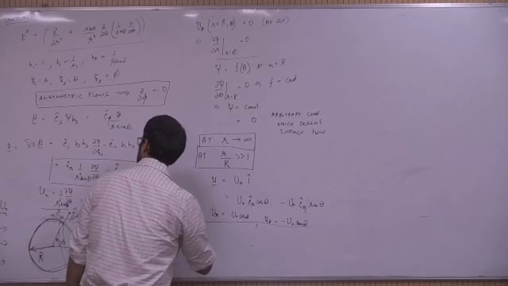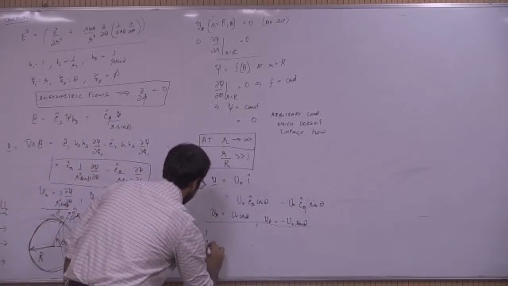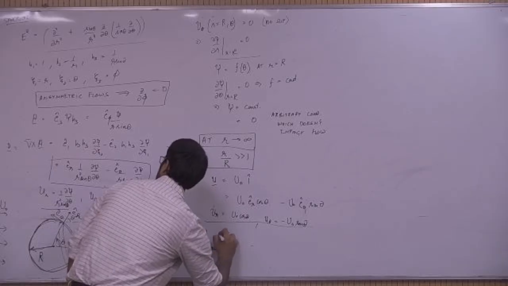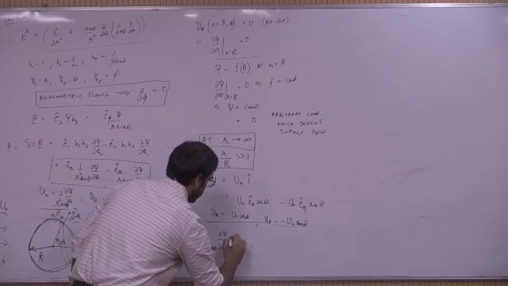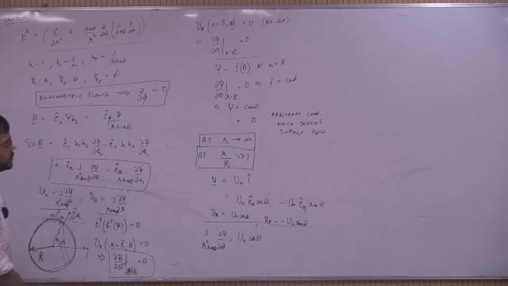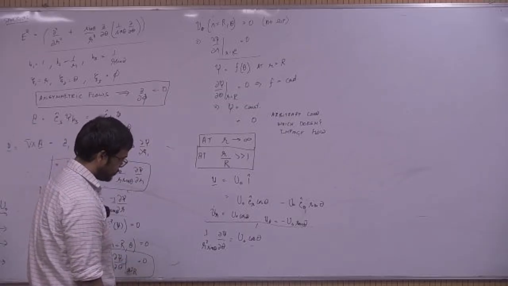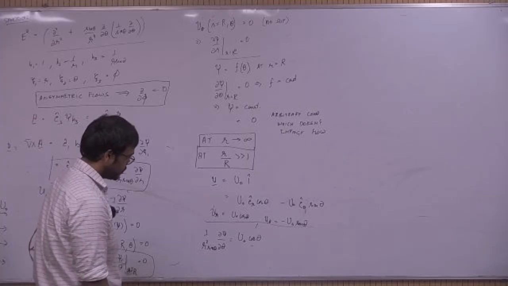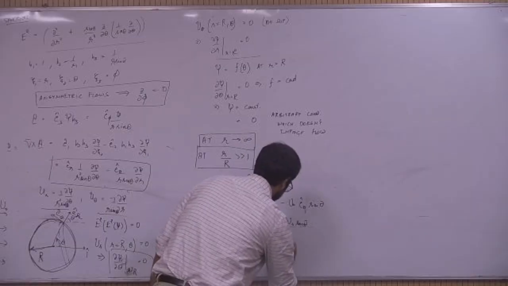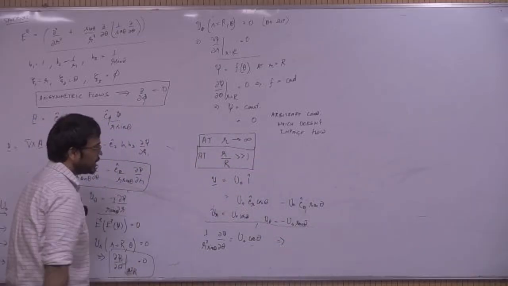So that means if I look at u r, it is 1 by r square sin theta del psi by del theta, which I am saying is u naught cos theta. What does this mean? So all of this is happening at r tends to infinity.